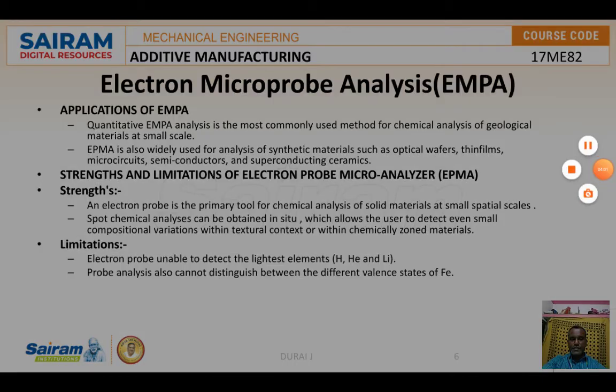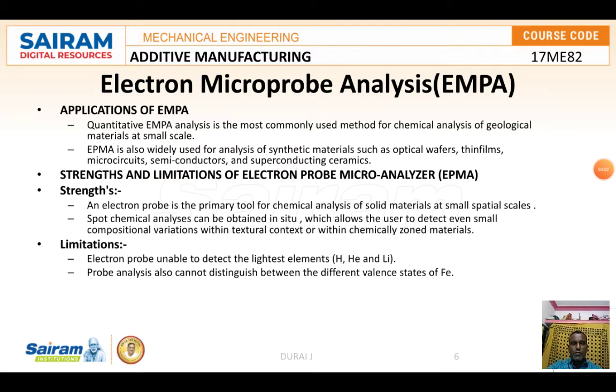The limitations of electron probe microanalysis are that it is unable to detect the lightest elements such as hydrogen, helium, lithium, etc.